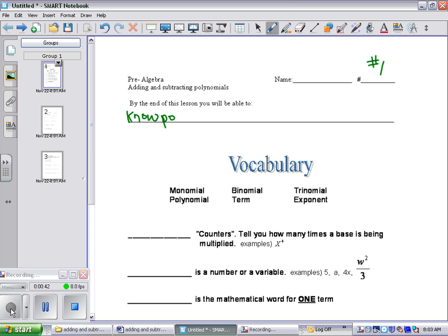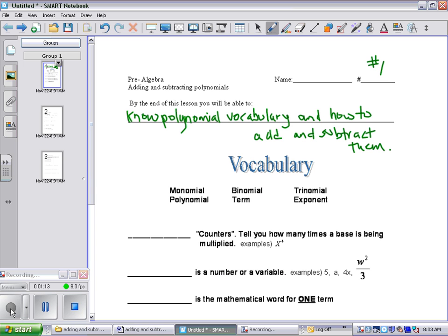Let's make that a P. Vocabulary. And how to add and subtract them. Okay.